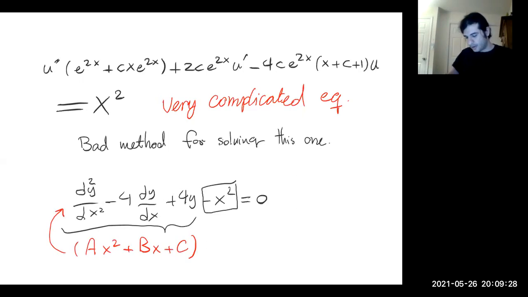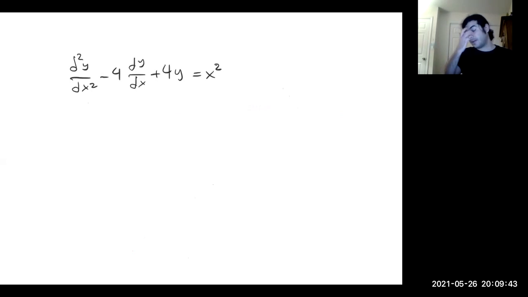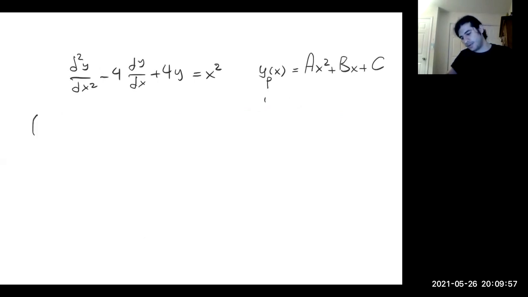Now let's do that. So we have our equation. Because on the right-hand side we have a second degree polynomial, our particular solution would also be second order. Now, if you plug that into the equation, we need its derivatives. The first derivative is 2ax plus b, and its second derivative is just 2a.